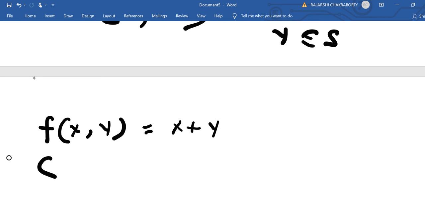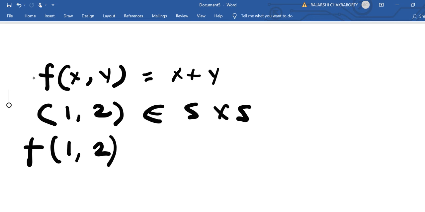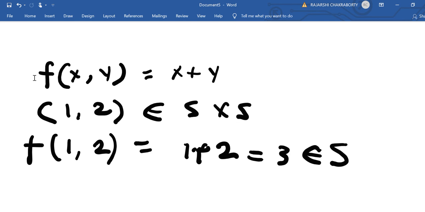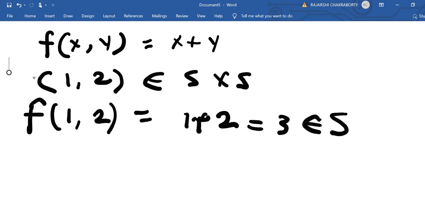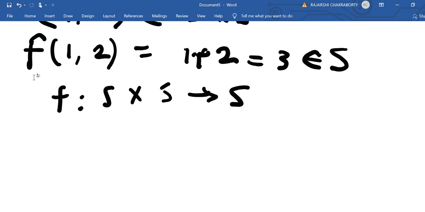So for an ordered pair, say 1, 2, which belongs to S cross S, we have f of x, y is 1 plus 2, which is equal to 3, which also belongs to the set of natural numbers, in this case S. Thus f is a function from S cross S to S, and hence the function is basically the operation plus.